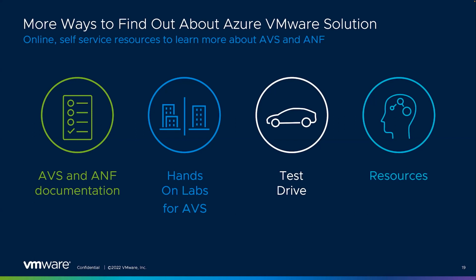As Frank mentioned, we have several customers who have storage heavy workloads that are taking advantage of both the capabilities of AVS and the ability to extend the storage to ANF without having to consume additional nodes. It's a powerful partnership between VMware, NetApp, and Microsoft, and we hope you'll take advantage of it.